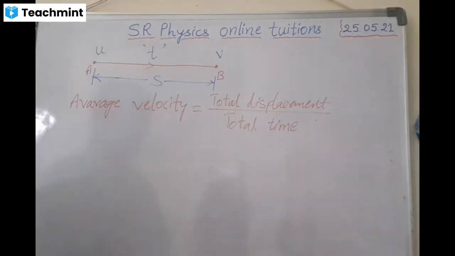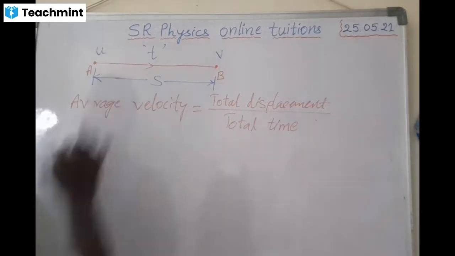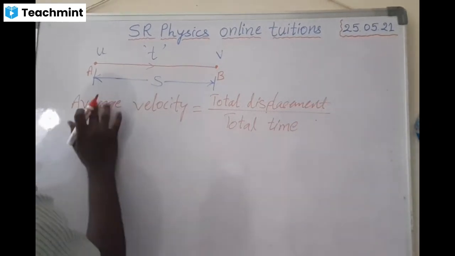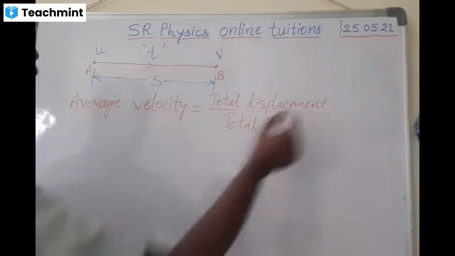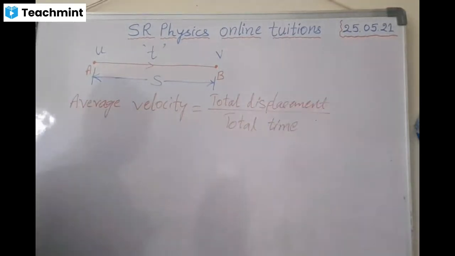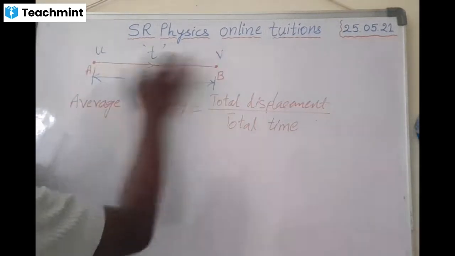Okay, so here we are going to take the average velocity. Average velocity is equal to total displacement by total time. Here, how many velocities are there?